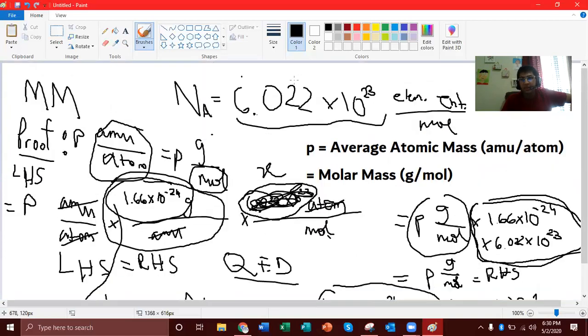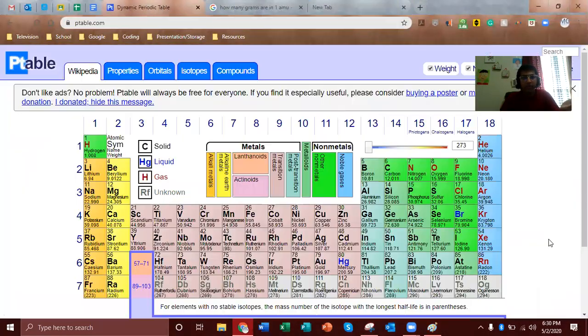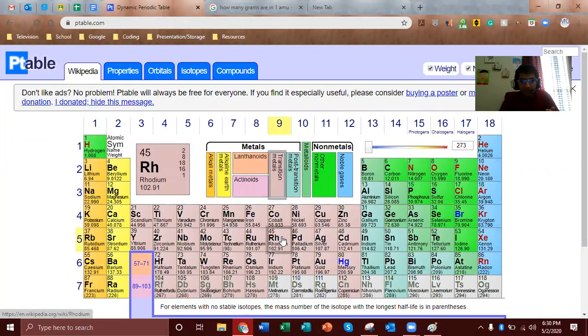That's something we tend to miss. We understand that moles are meant to be a way to count them, but I don't think we understand this mathematical relationship and why we're just able to look at the periodic table and go, oh, it has an average atomic mass of, I don't know, 54 or whatever. I don't even know if an atom has an average atomic mass of 54. Well, yeah, manganese has 54.94, but that's the point, look at manganese.